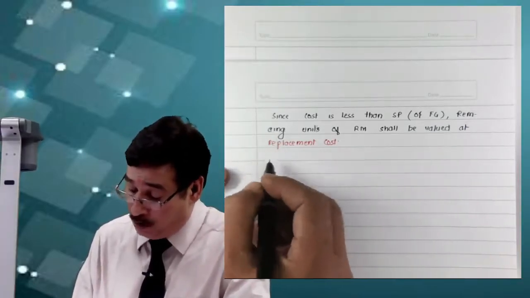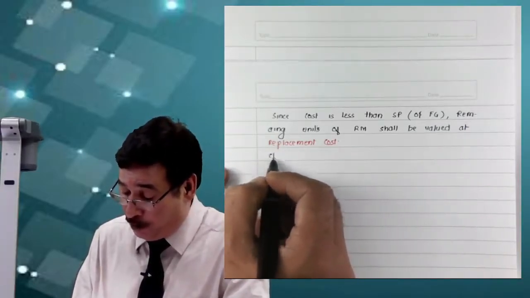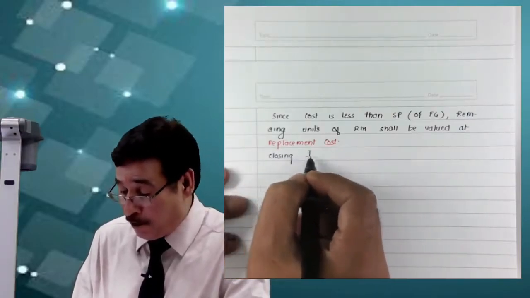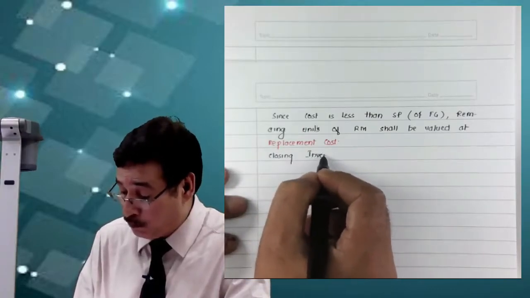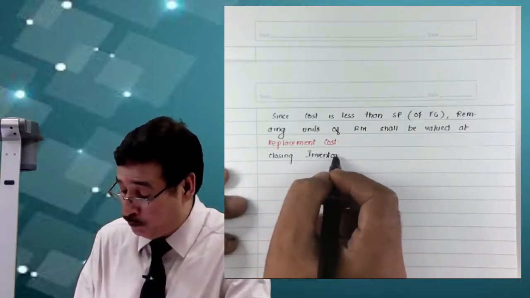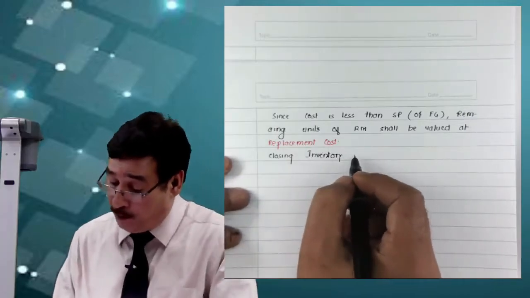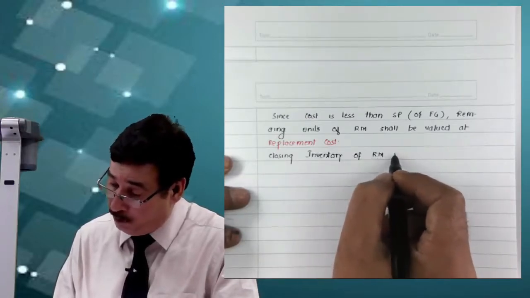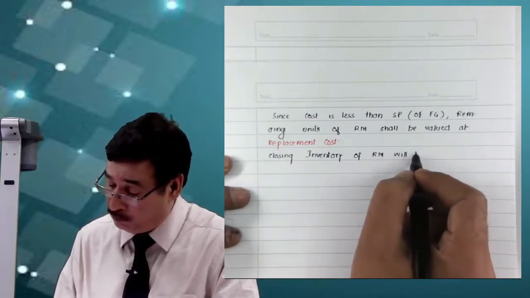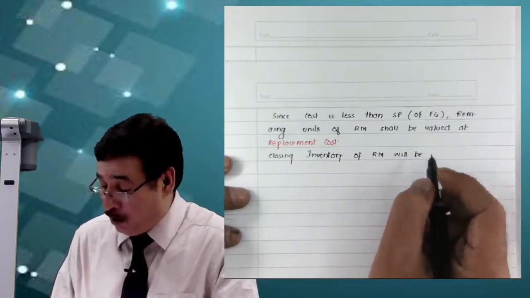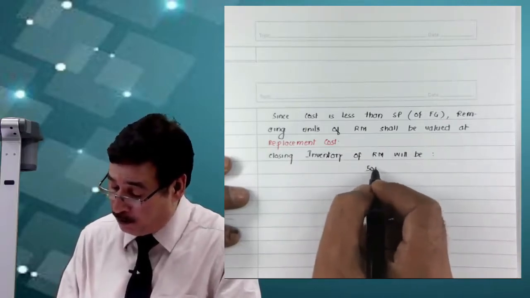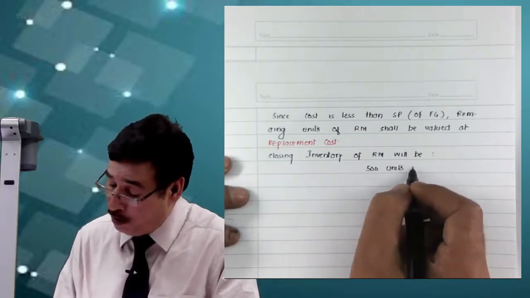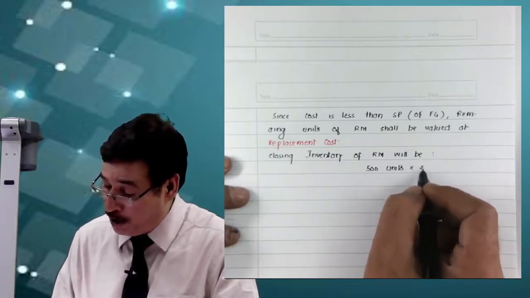So closing inventory of raw material will be 500 remaining units into replacement cost rupees 150.